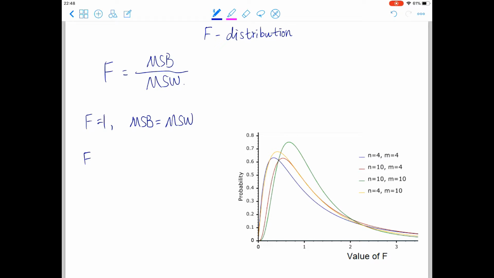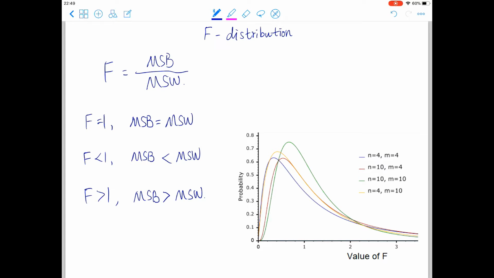However, if F is less than 1, which means MSB is less than MSW, then the graph may change. And if F is greater than 1, which means MSB is greater than MSW, the graph may change and we may get different results. So we cannot say that the ratio of those two variances also follows the chi-square distribution. So we get another one for it. We call it the F distribution.